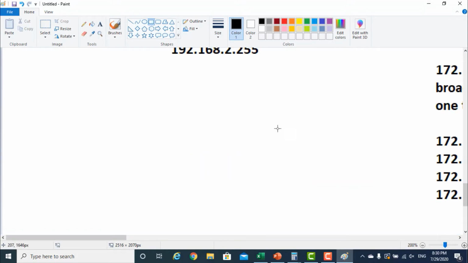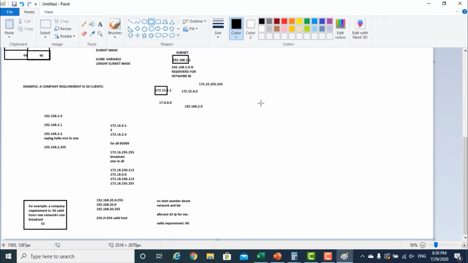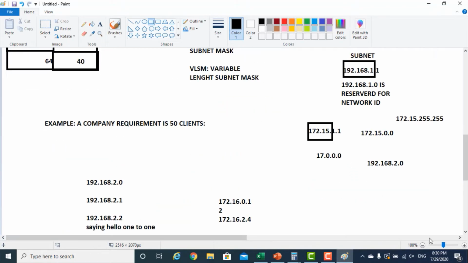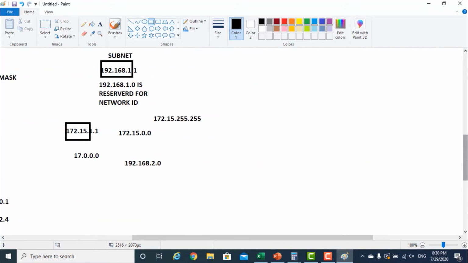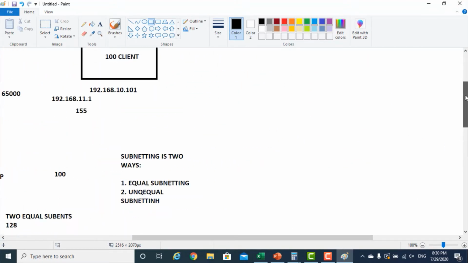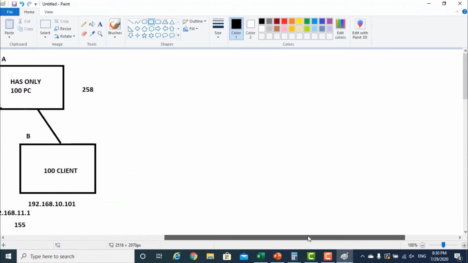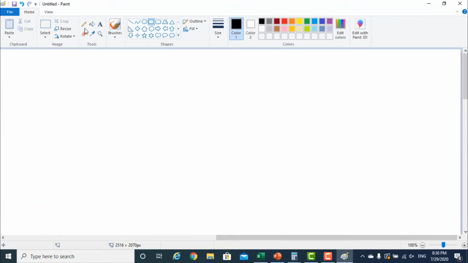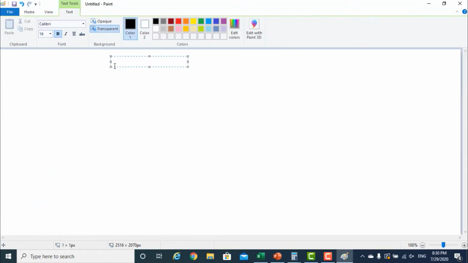Now we will do the practicing of FLSM, fixed length subnet mask.